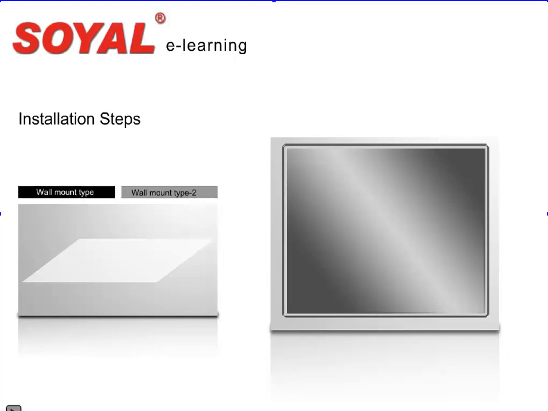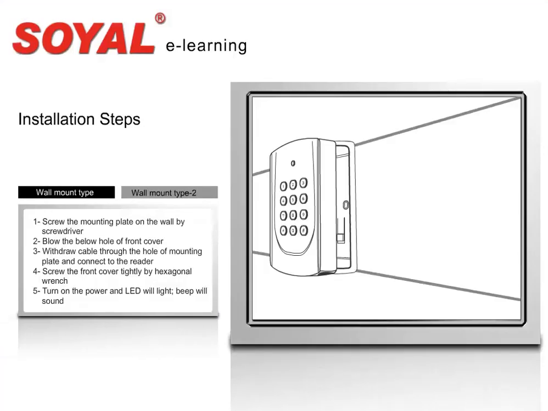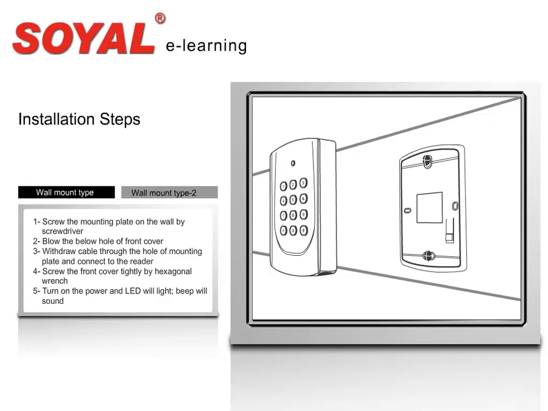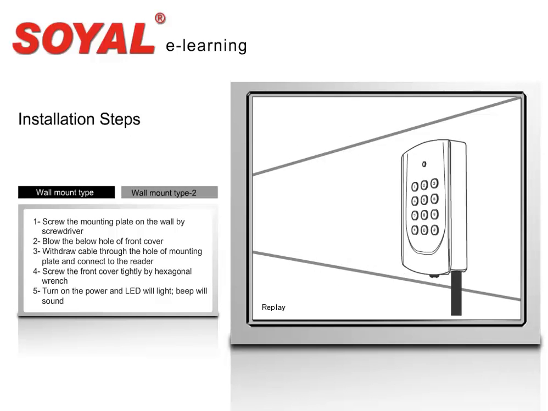Type 2. The same. We could see the animation first. There are 5 steps of type 2. 1. Screw the mounting plate on the wall by screwdriver. 2.